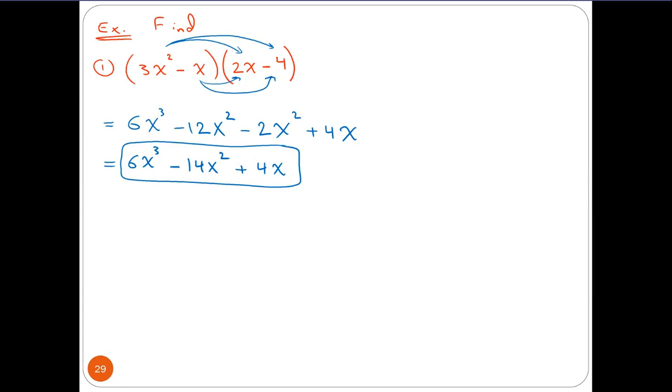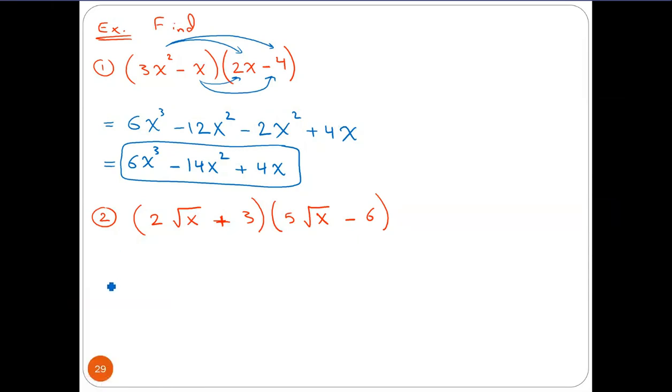Okay. If we have radicals, for example number 2, like this: 2 radical x plus 3, and 5 radical x minus 6, like this.